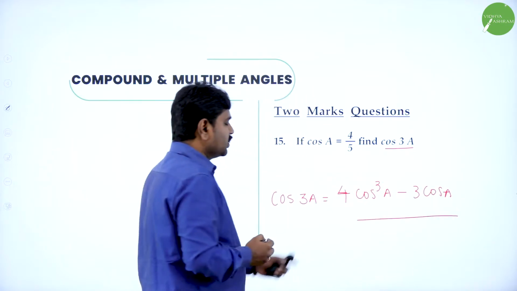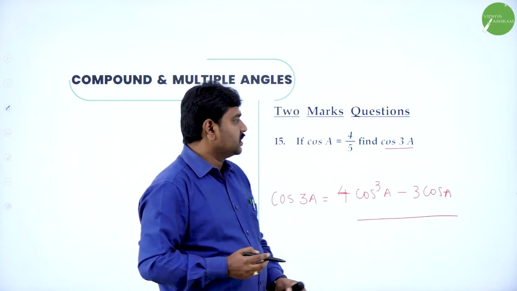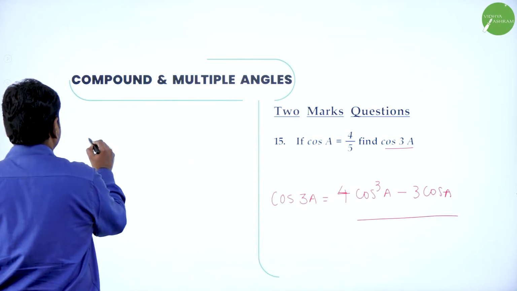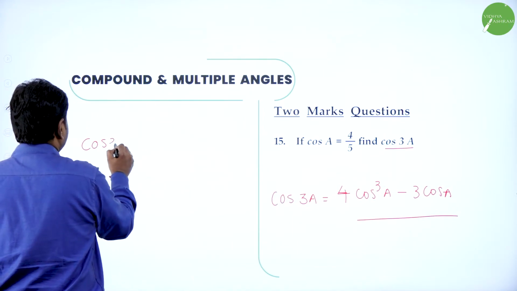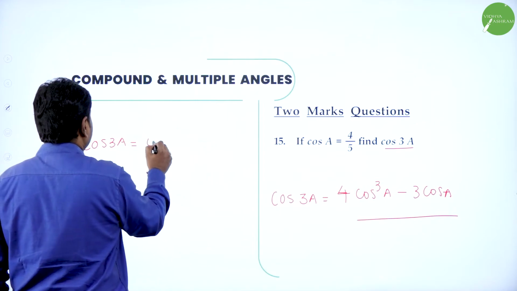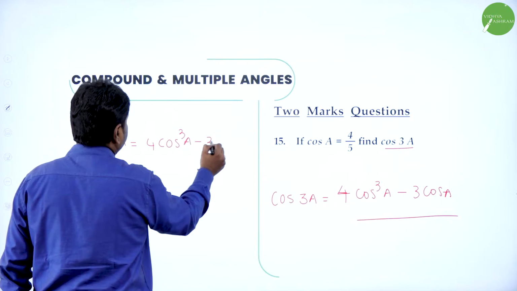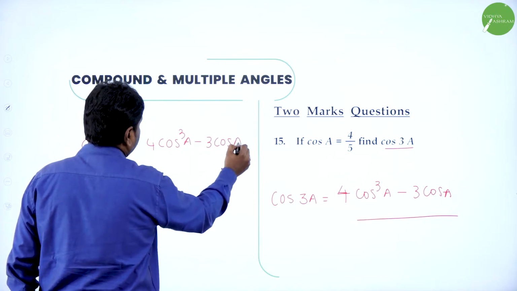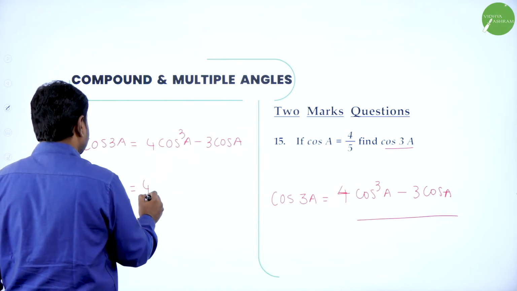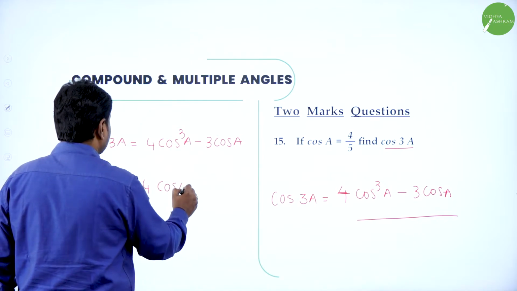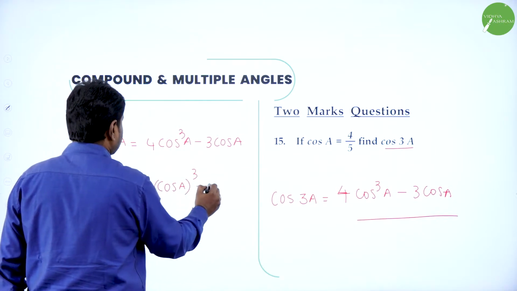Here they want you to find cos 3A, so cos 3A can be written as 4 cos cube A minus 3 cos A. Most important question, repeatedly asked in your papers. So 4 cos cube A means 4 into cos A the whole cube, minus 3 cos A.